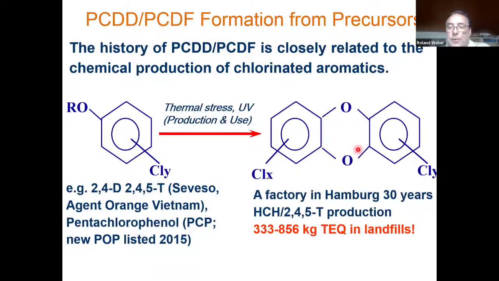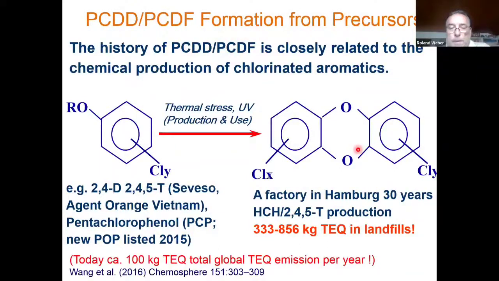We have one factory in Hamburg which produced lindane and 2,4,5-T for 30 years. This factory disposed between 300 and 850 kilogram TEQ in landfills, and half of it is in the middle of Hamburg. So you can compare this. This is 3 to 8 times all the dioxins we produce today in a year.